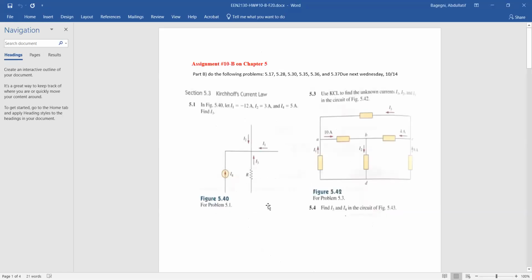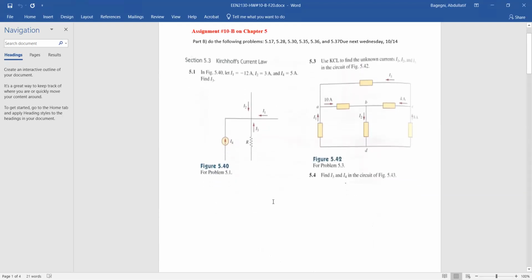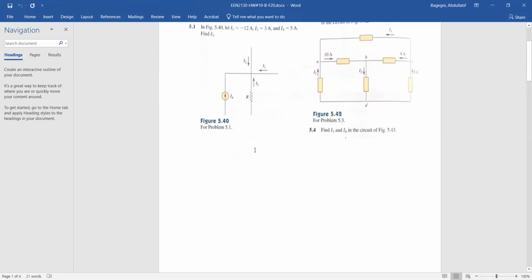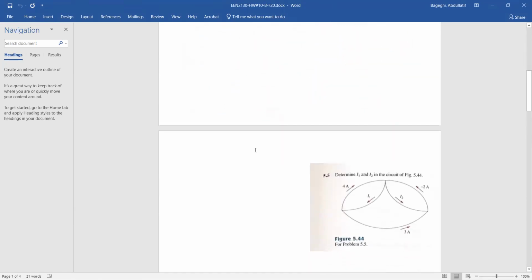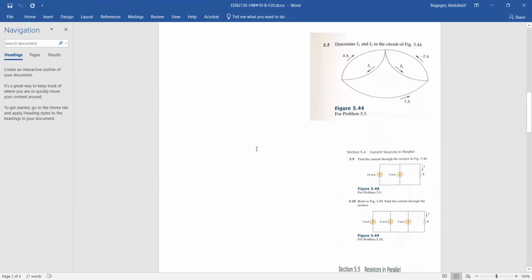Okay, are you familiar with KCL? We use this a lot, so I suppose this would be a piece of cake for you. Maybe at the beginning it was hard, but now I think it's easy.